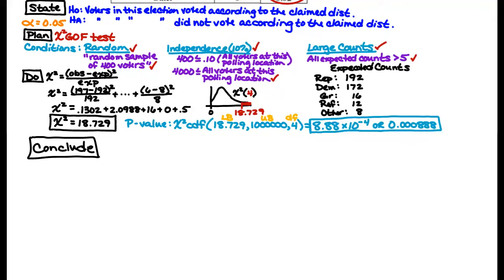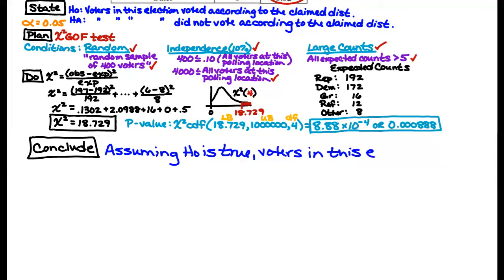So the first thing I start my conclusion with, assuming the H0 is true, hold on, let me get that written down first. Assuming the H0 is true, what was our H0? Yes, voters in this election voted according to the claimed distribution.